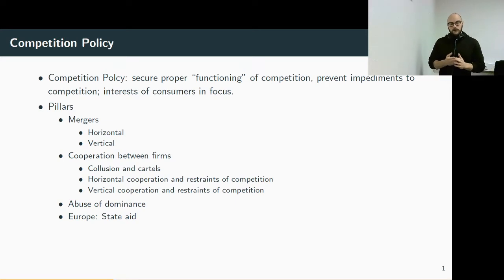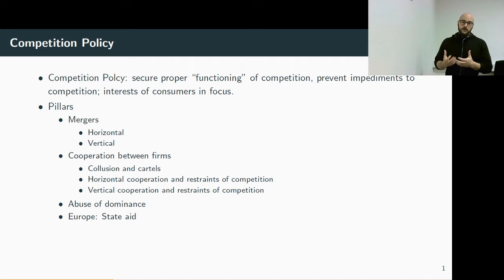And it is important to distinguish between the two because horizontal mergers are usually considered more harmful or potentially harmful to consumers than vertical mergers are. And this has particular reasons that we're going to address in more detail in the upcoming lectures. Okay. So, with merger control being one of the central pillars, it's important to know that these are very sophisticated procedures.